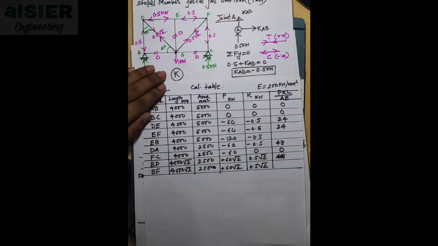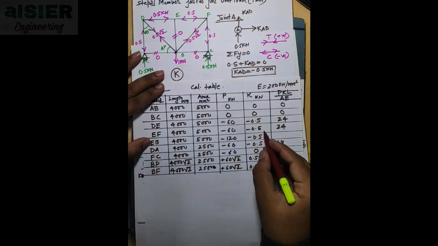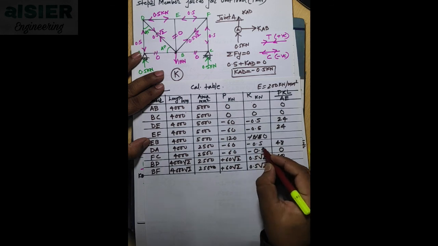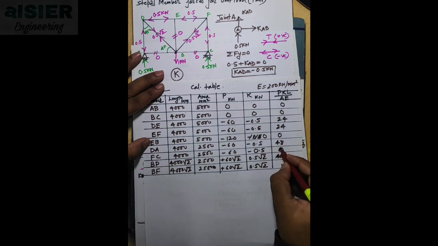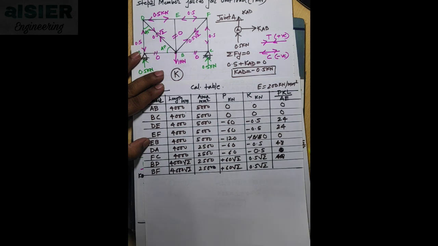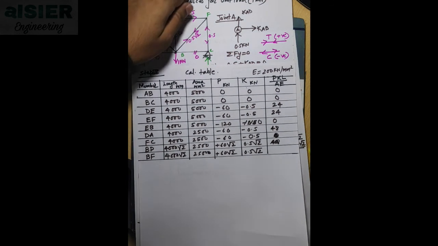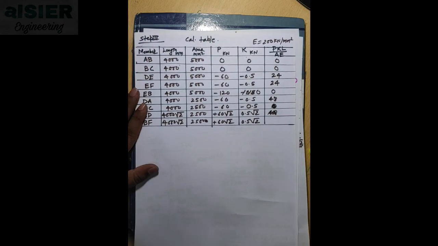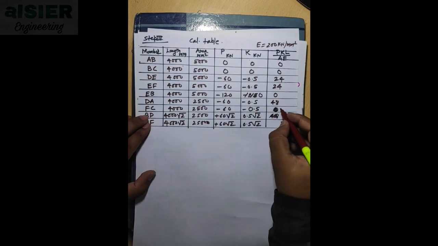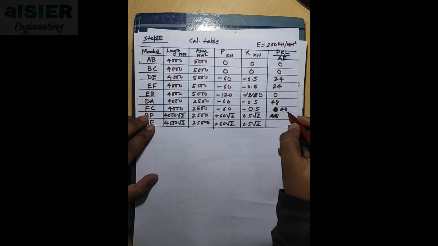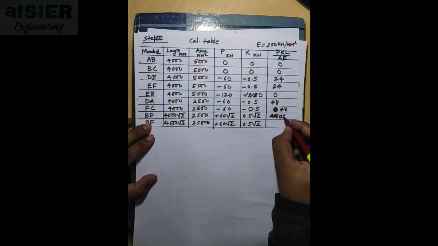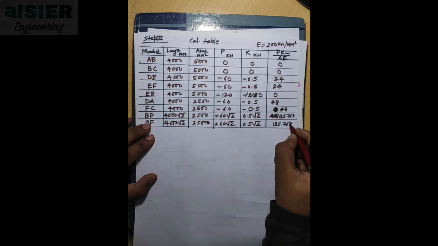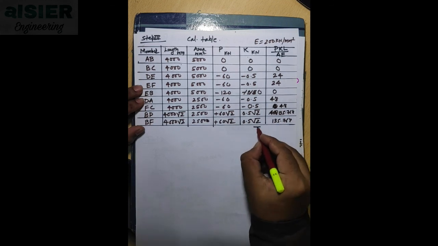Yes, member EB is 0. This is 0.5, so this is not 0. Right, EB is 0. So CF is 48, and this one is 135.768 and 135.768. Now we will do the summation of these.